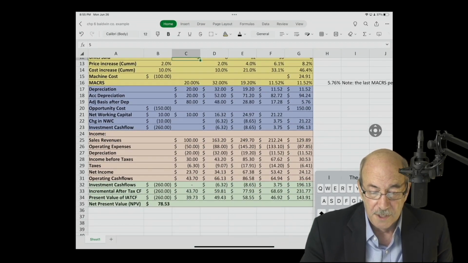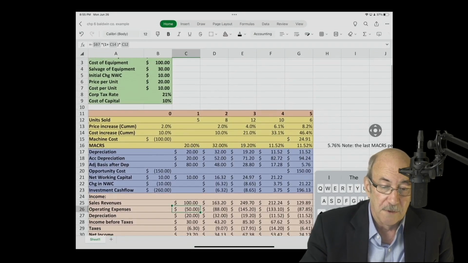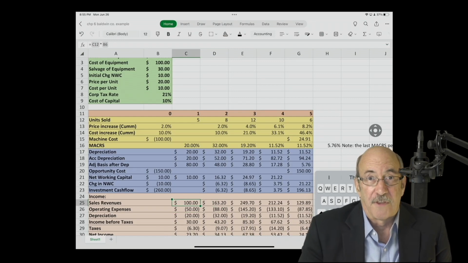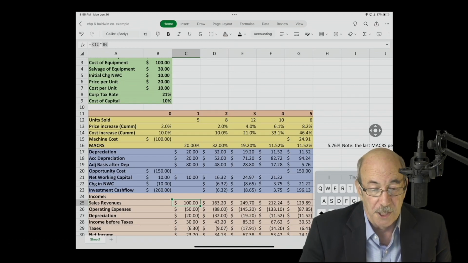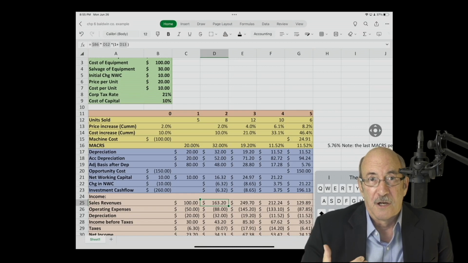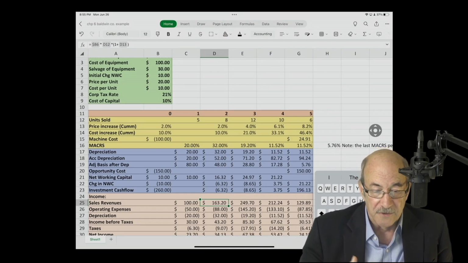All right. And I do the same thing for the other 4 years for the sales. Operating expenses, same story. Oh, by the way, let me mention on the sales, this first one is just 5,000 times the price up in the green box, $20. The next one and all subsequent revenues are that same starting price of $20 increased by 2% per year.